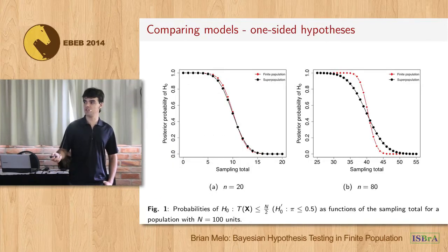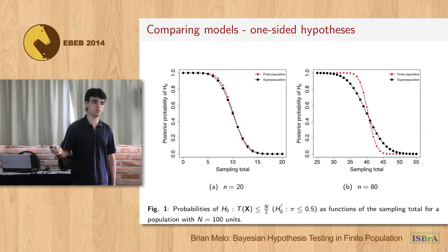And so we have these two graphics for n equal 20 and n equal 80. In the first, we see that the red line is the finite population probabilities, and the black one is the superpopulation probabilities.